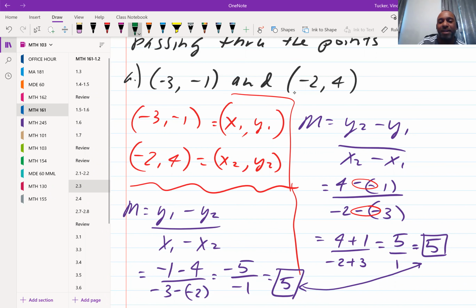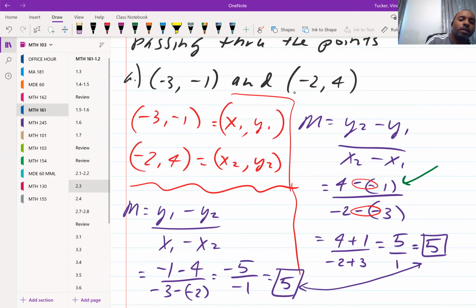So y2 minus y1. We're getting these points from right here. I called my first point x1, y1, second point x2, y2. So don't forget your first value is always x, second value is always y. If that first one is point 1, that's x1, y1. Second point is point 2, x2, y2. So y2 minus y1, it's 4 minus -1. That's what we did here.